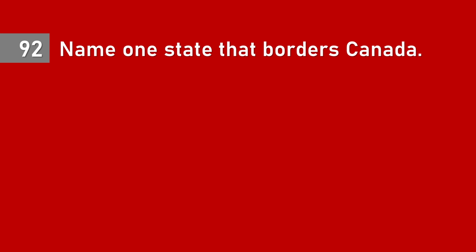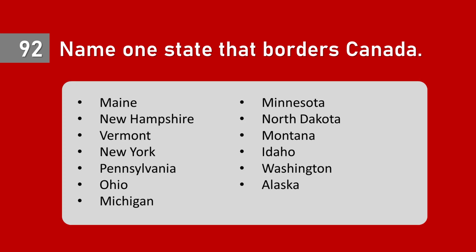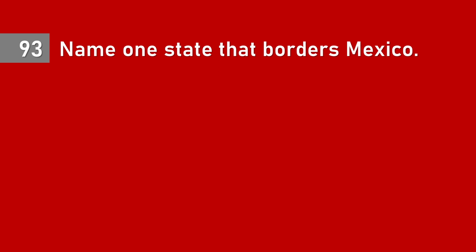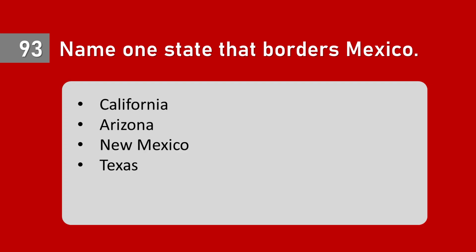Name one state that borders Canada. Maine, New Hampshire, Vermont, New York, Pennsylvania, Ohio, Michigan, Minnesota, North Dakota, Montana, Idaho, Washington, Alaska. Question 93. Name one state that borders Mexico. California, Arizona, New Mexico, Texas.